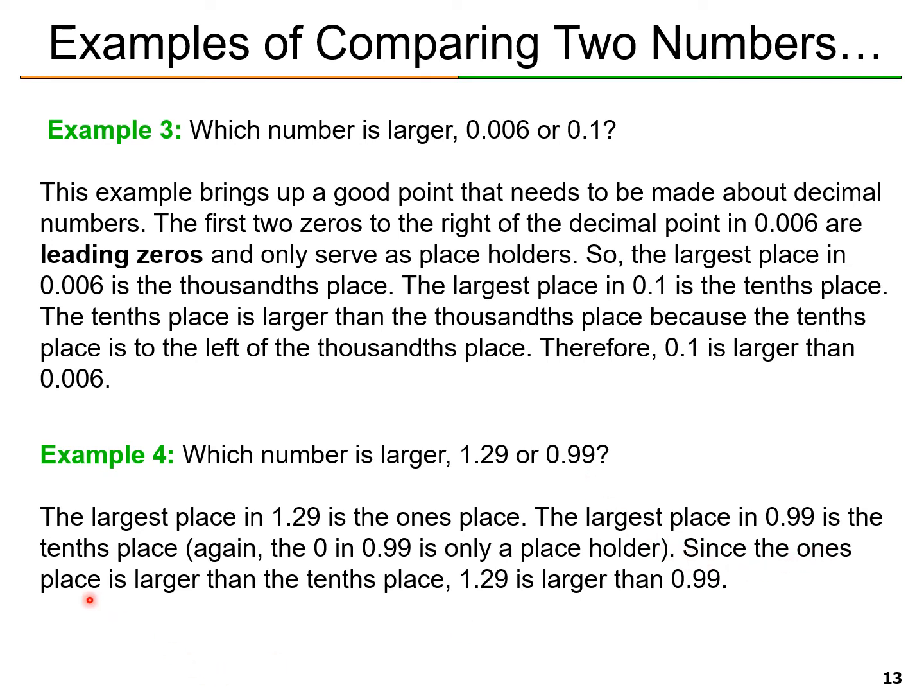Since the ones place in this number is larger than the tenths place, 1.29 is larger than 0.99. The largest place in this number is the tenths place. The largest place in this number is the ones place. One is larger than a tenth, so 1.29 is larger.